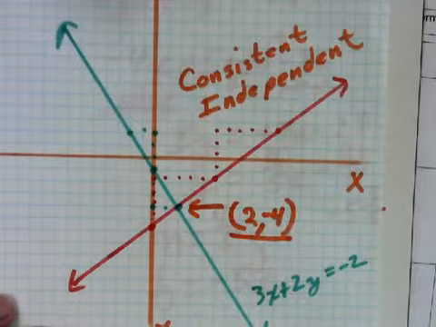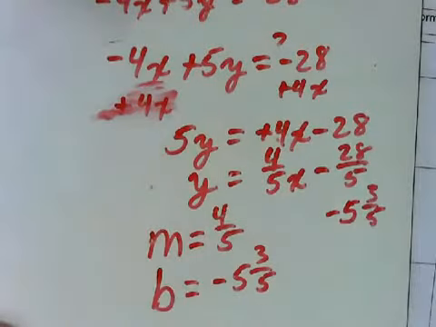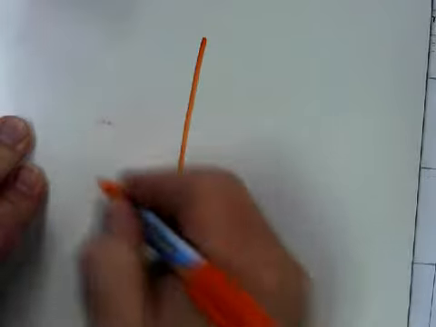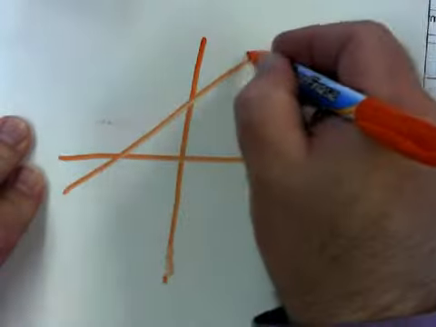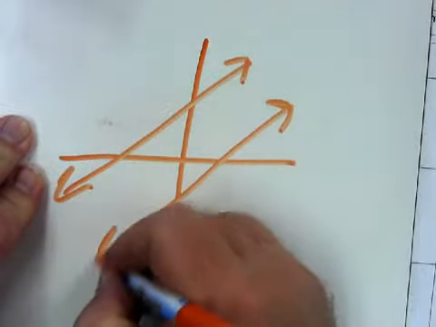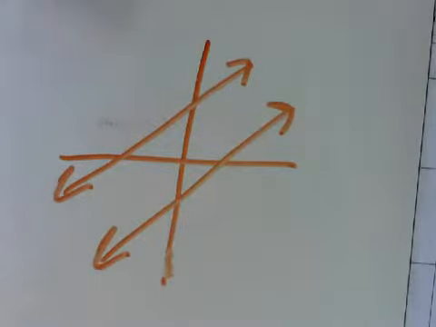What happens if I have a graph that for some reason, when I graph it, has two parallel lines that never meet? Will I have a solution? No. If they never meet, there's never going to be a solution.